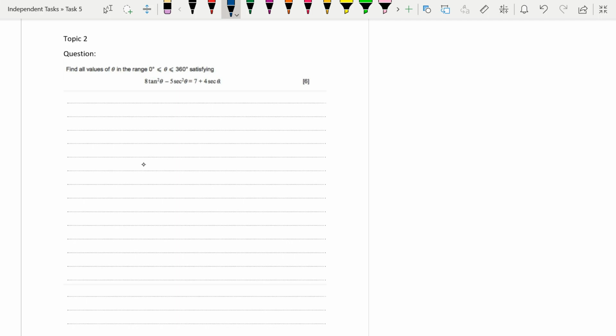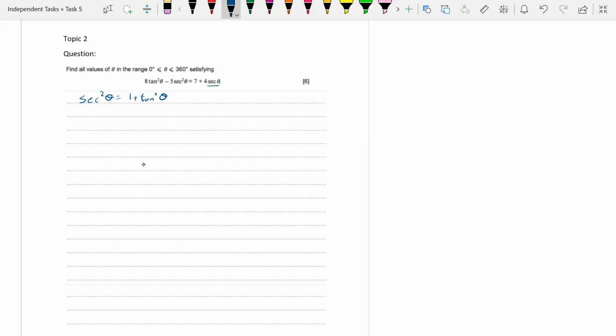Now, I've got an equation. I've got sec squared is 1 plus tan squared, and I've got to somehow use this. Now, I've got tan squared and sec squared, so those two I need to get rid of, but I've got a sec theta, which I can't change. So that tells me I need to make everything sec, so I need to get rid of the tan.